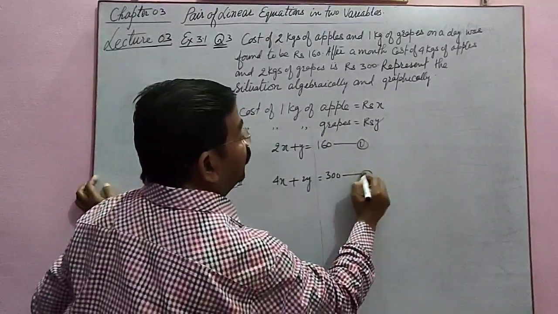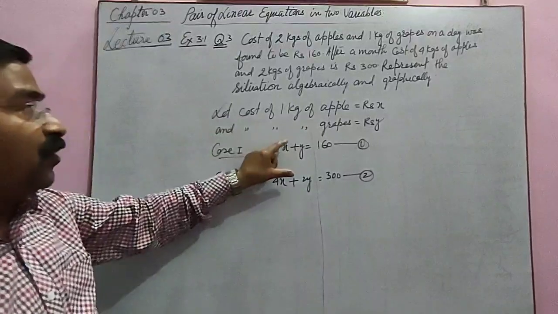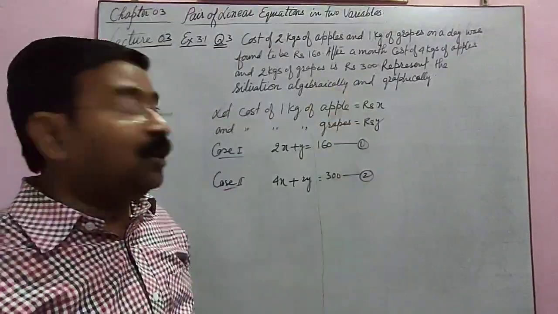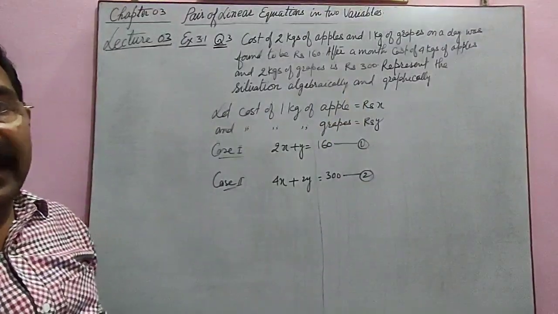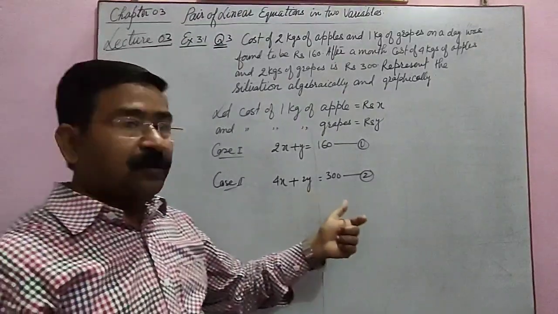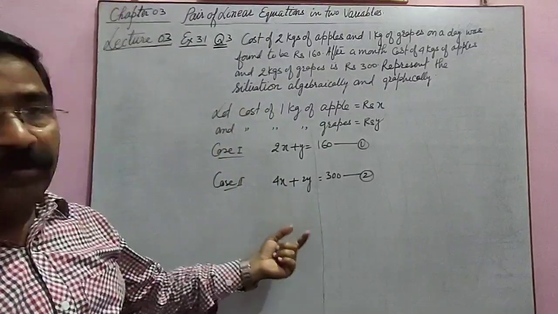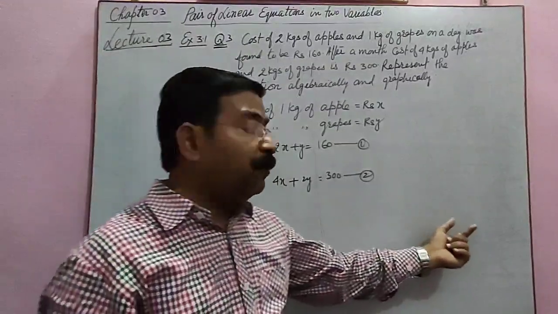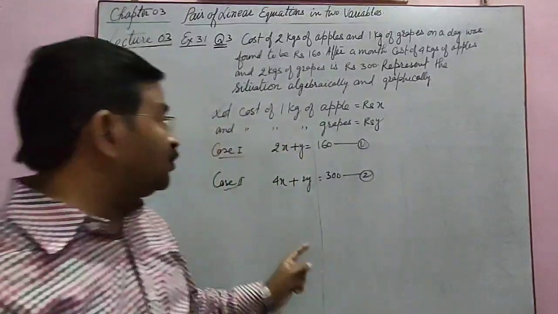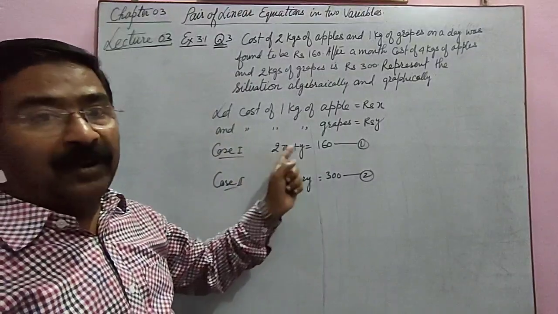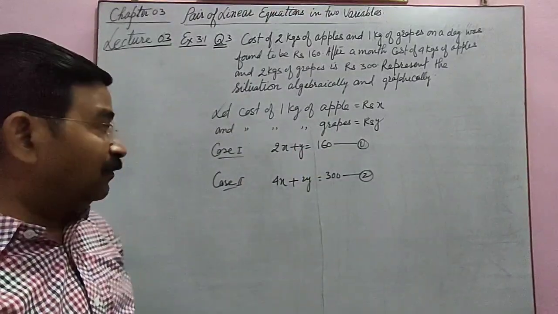Equation number 2. So this is your first answer, algebraically. Now you have to plot the graph yourself. In the first question, I had plotted the graph. In the second question, I found the points and you were to plot the graph. Now in the third question, you have to find the points yourself and plot the graph.